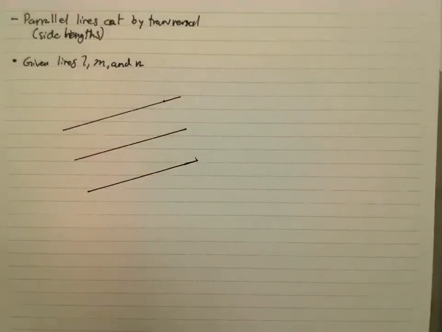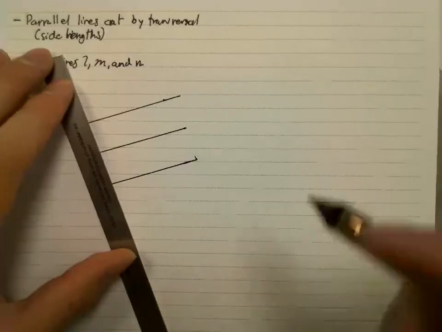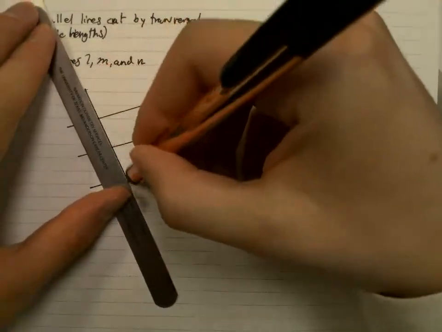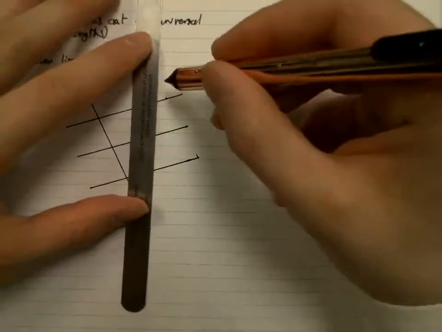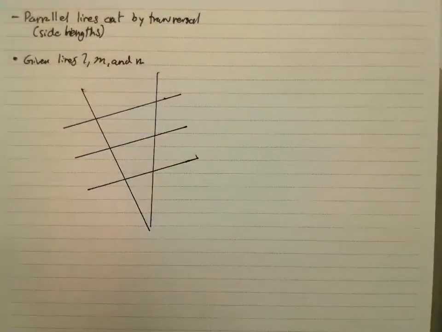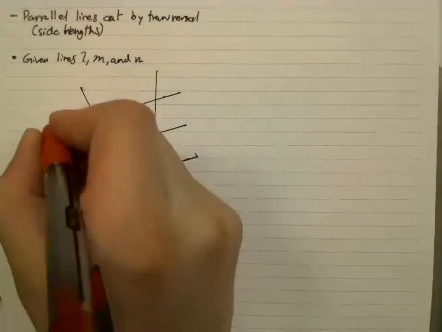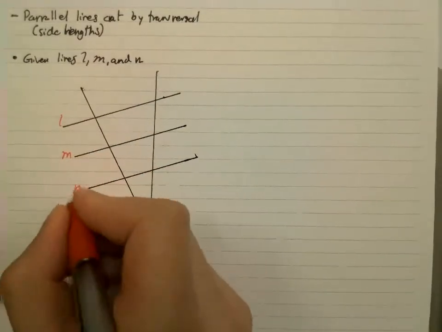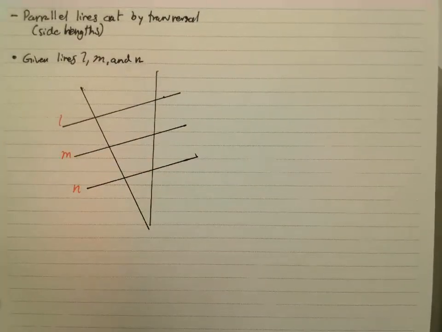Okay, so here's three parallel lines, and then here's the transversal going through them. There's two portions of this transversal. This one and this one, okay? And that's what we end up getting. So we have here lines L, M, and N, okay?